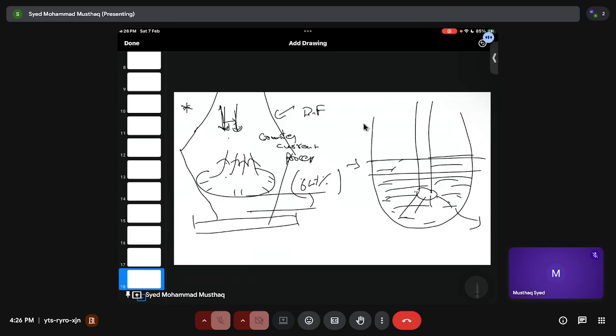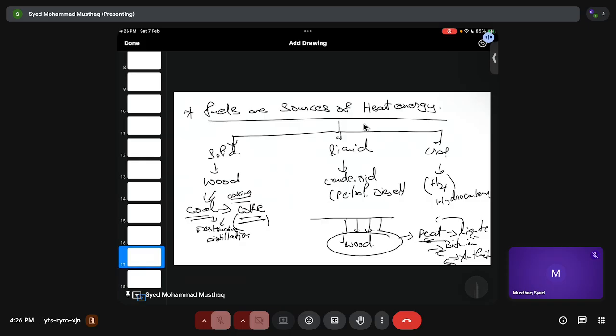Now, again, coal characteristics. It is first wood, then peat, then lignite, then bituminous, and anthracite. That means the amount of oxygen content goes down and the amount of carbon content keeps increasing from peat to anthracite. Now there are different ways we do the fuel characterization. We do some analysis, and we also do it with the calorific value.